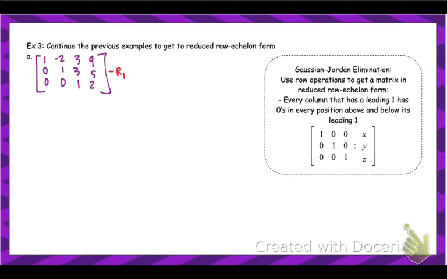The reason I don't want to do that, yes, it would give me this 0, because 3 minus 3 is going to give me 0. The reason I don't want to do that, though, is because I would have to subtract the entire row. So not only would I do 3 minus 3 equals 0, I would have to do 0 minus 1 is negative 1. 1 minus negative 2 is 3, 3 minus 3 is 0, and 5 minus 9 is negative 4.